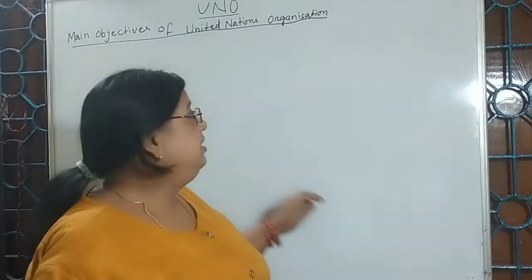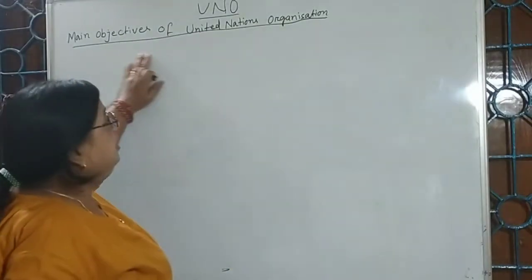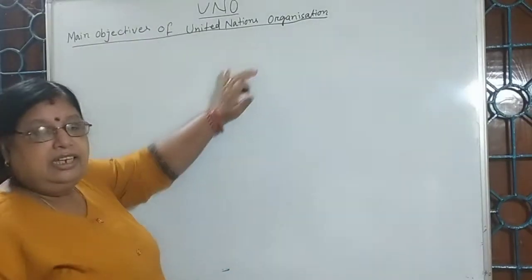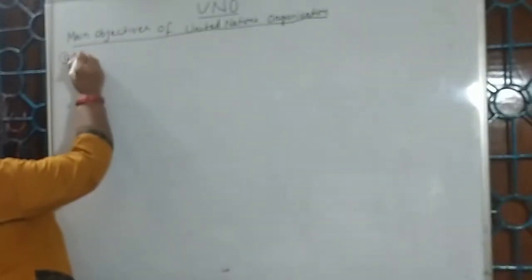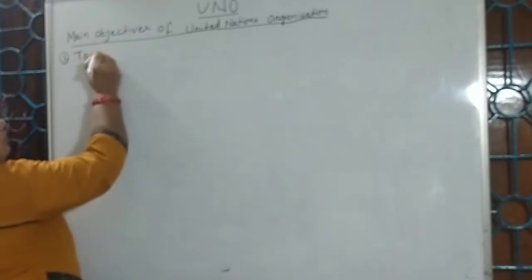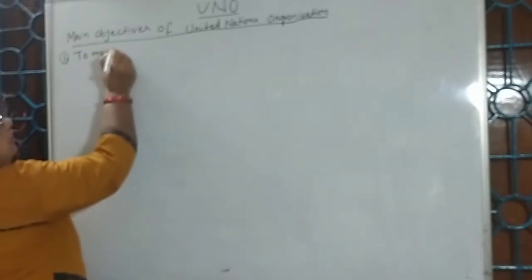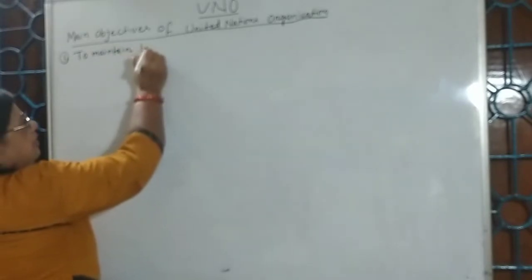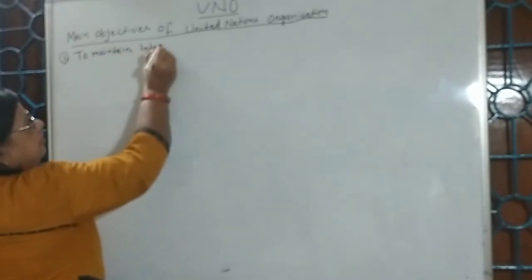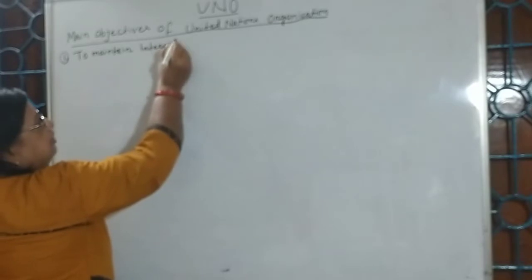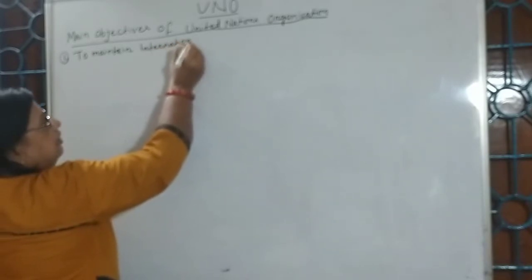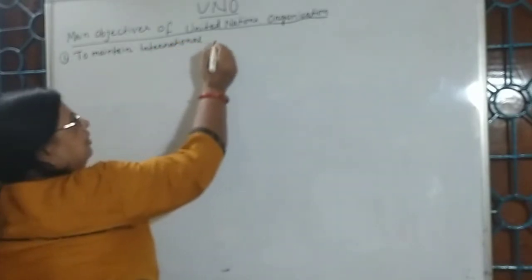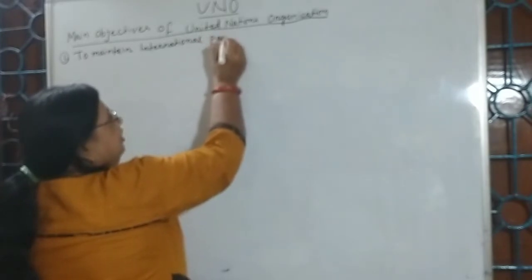The main objectives of the United Nations Organization, the first point, is to maintain international peace and security.